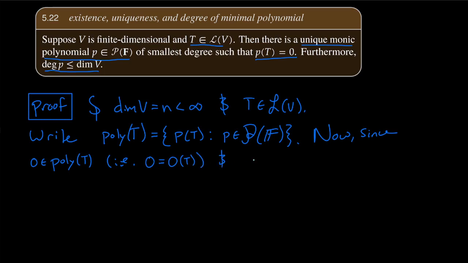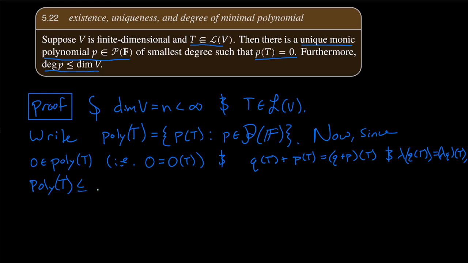There we go. And here's the nice one. q(t) plus p(t) is equal to (q plus p)(t), and lambda q(t) is equal to (lambda q)(t). Poly(t) is a subspace of L(V).